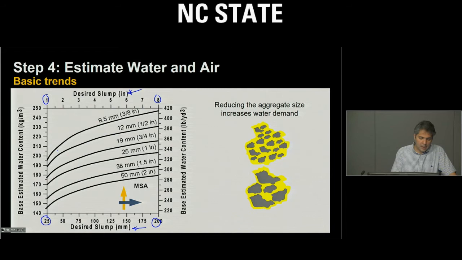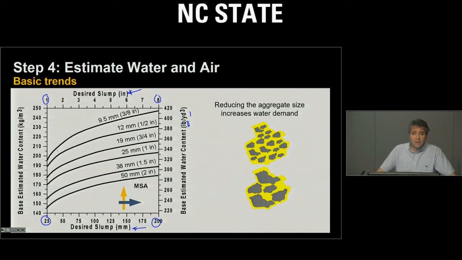On the y-axis on the left, we see the base estimated water content in kilogram per cubic meter. And on the y-axis on the right, we see the same information in pound per cubic yard. So whichever of these unit systems you are more comfortable with, you can use this table for.